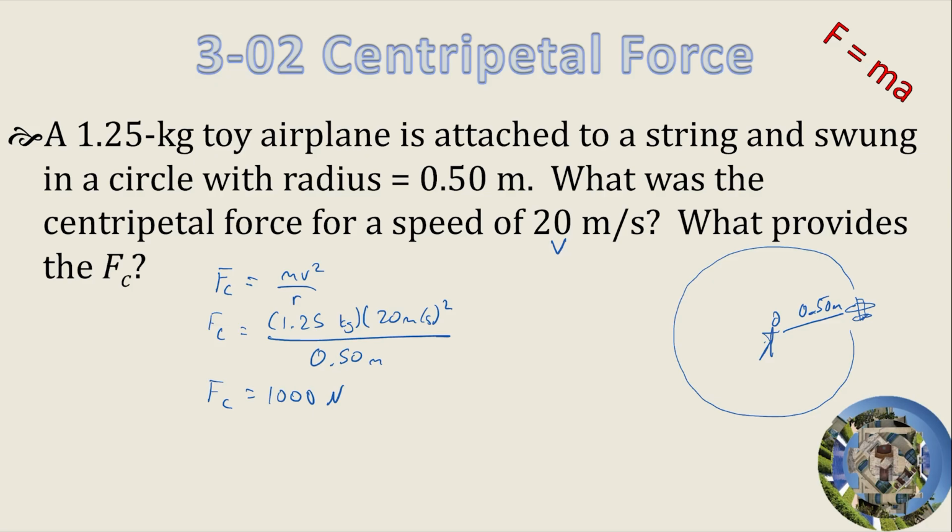So it requires 1,000 newtons to keep this plane going in a circle. Now what provides that? Well, he's pulling on the string, so it would be the force in the string, otherwise known as tension, that provides the centripetal force.